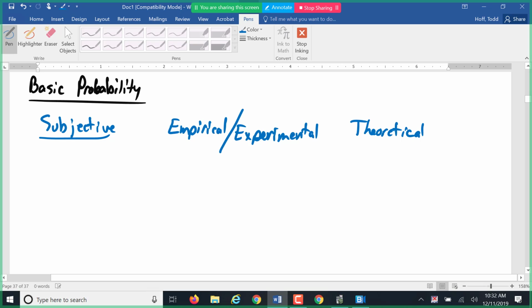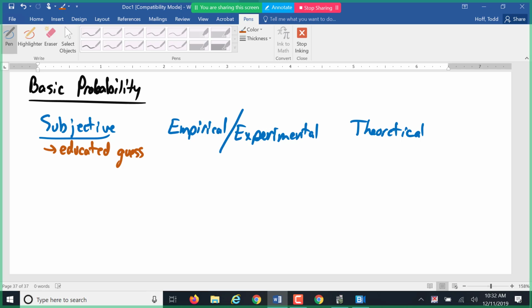Subjective probability is really just that. It is based on previous events and prior knowledge. But what it really comes down to is it's really an educated guess. When we look at the probability of Team A winning a football game, we look at the history.